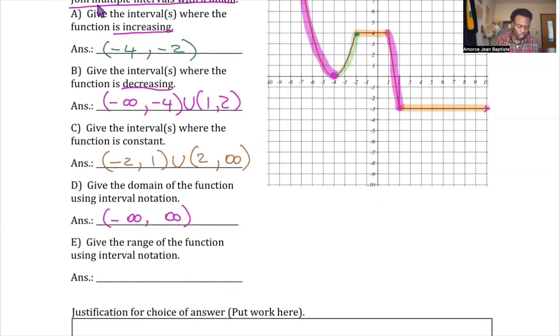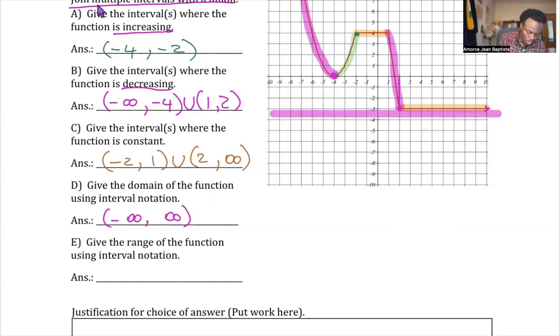And then our range would be how far it goes from the bottom up. We have no parts of the graph below y equals -3.